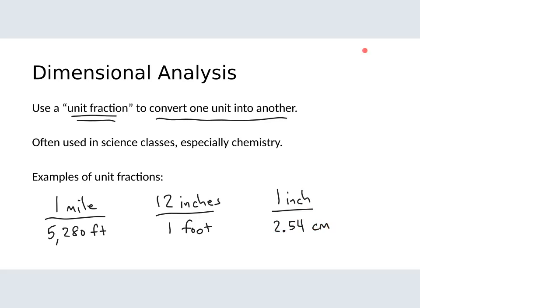Here again, our numerator and our denominator are the exact same thing as each other. They just use different units. And what we're going to do is we're going to use these unit fractions or unit fractions like these to convert one unit into another. Let's look at an example of this.